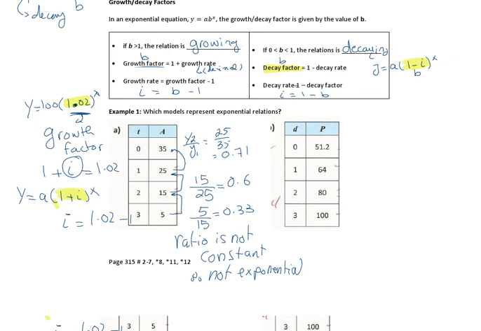If you want to find out if it's exponential or not, you have to do the ratio. So this is the rule that we go with. If they give us a table of values and they ask us, is it linear, quadratic, or exponential? First, you try your first difference. You do y2 minus y1. If it's not constant, then you do your second difference.